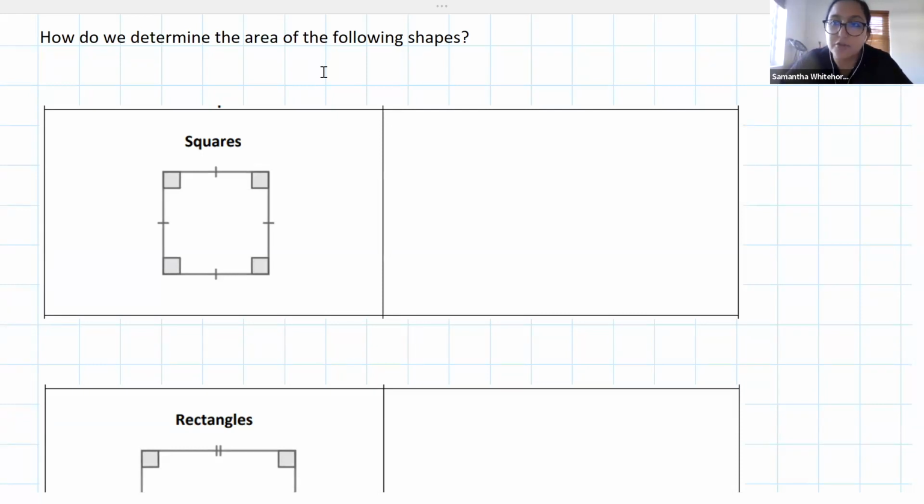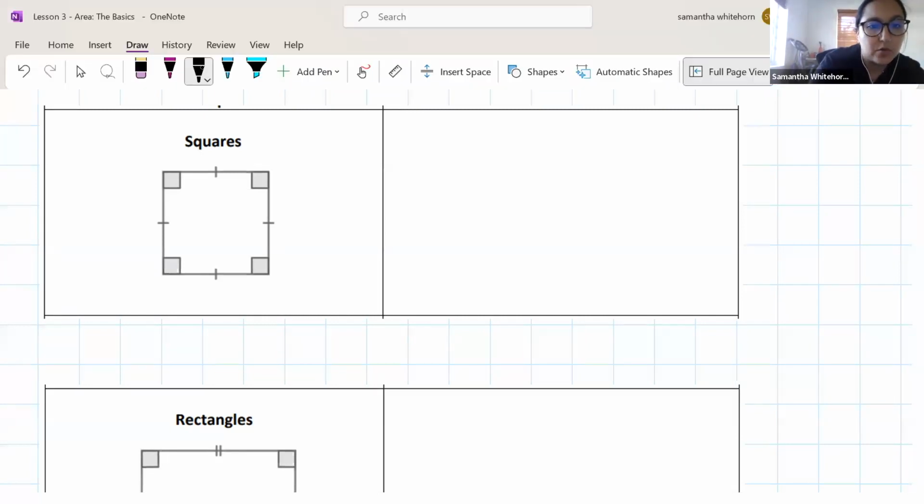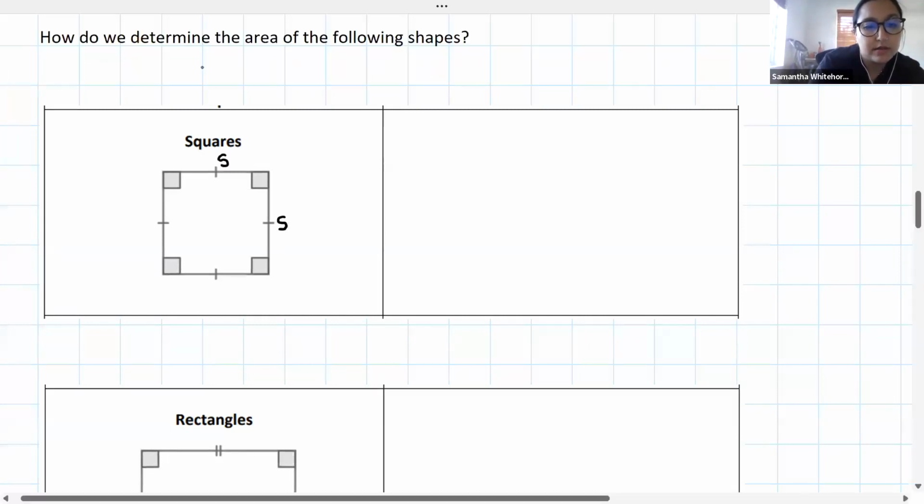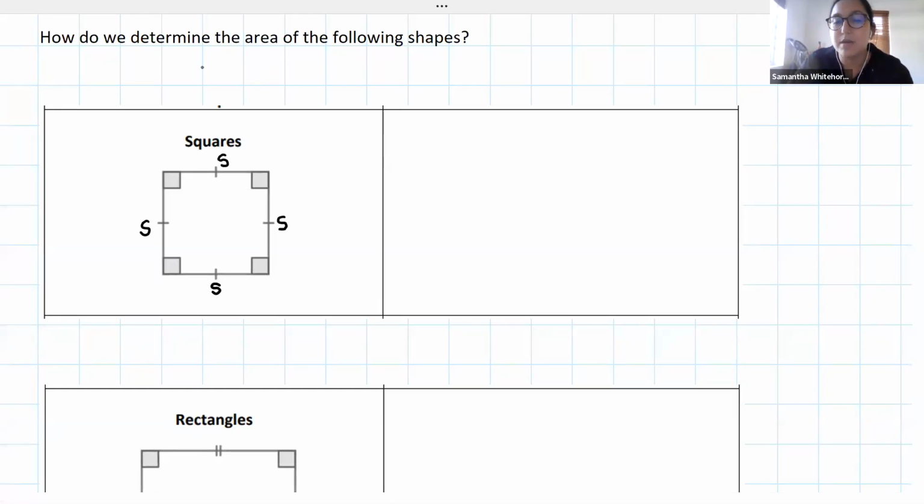Okay, so our first shape that we need to be able to deal with is a square. Now, we know that a defining characteristic of a square is the fact that all of the side lengths are the same. So all of these sides of our square are all exactly the same length or exactly the same dimension.